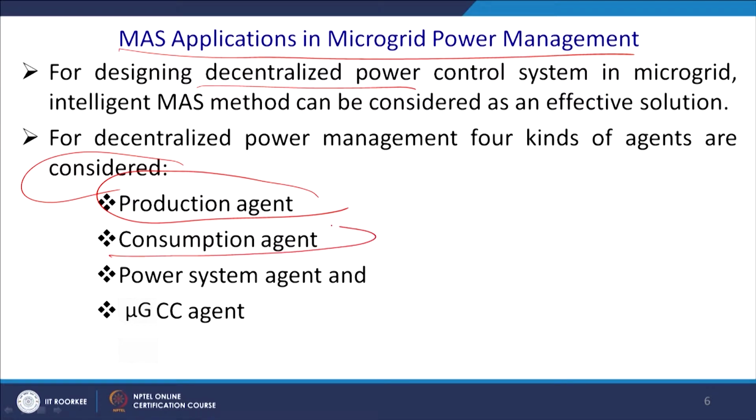Consumption agent, mostly these are loads, but it can be bidirectional also. Power system agent, that means the active rectifier and all the entry points of your grid, and the MGCC agent.